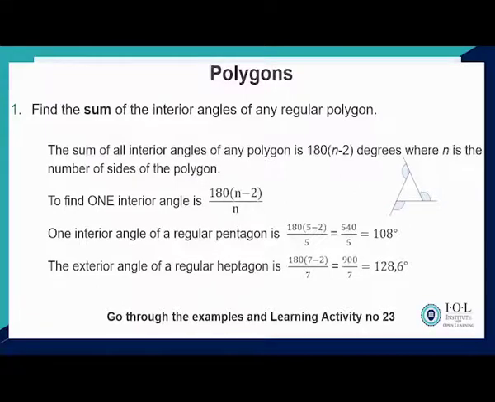So you can learn this, but as I said, you can always work backwards from the exterior angle. If I want an interior angle, can I just subtract the exterior angle? Because they're always in a straight line. This exterior and interior angle are in a straight line.